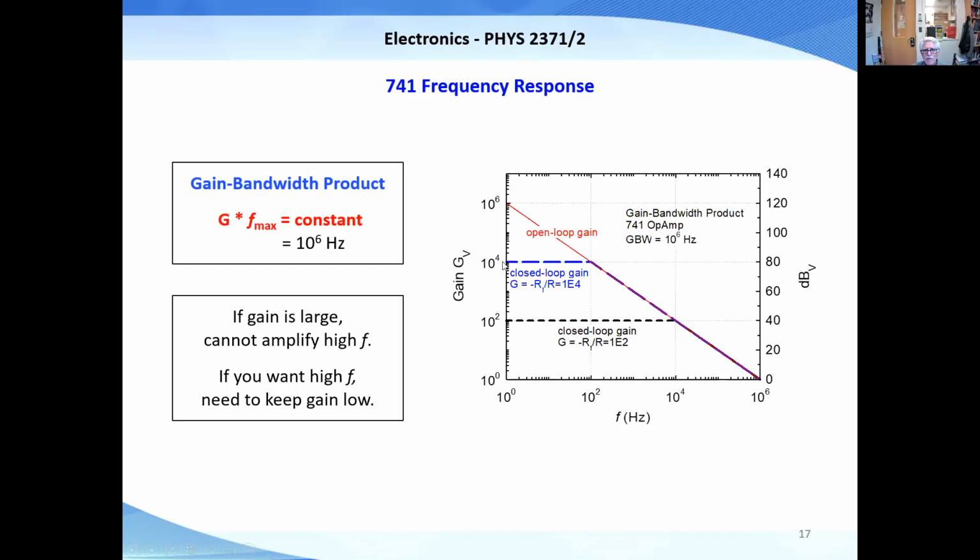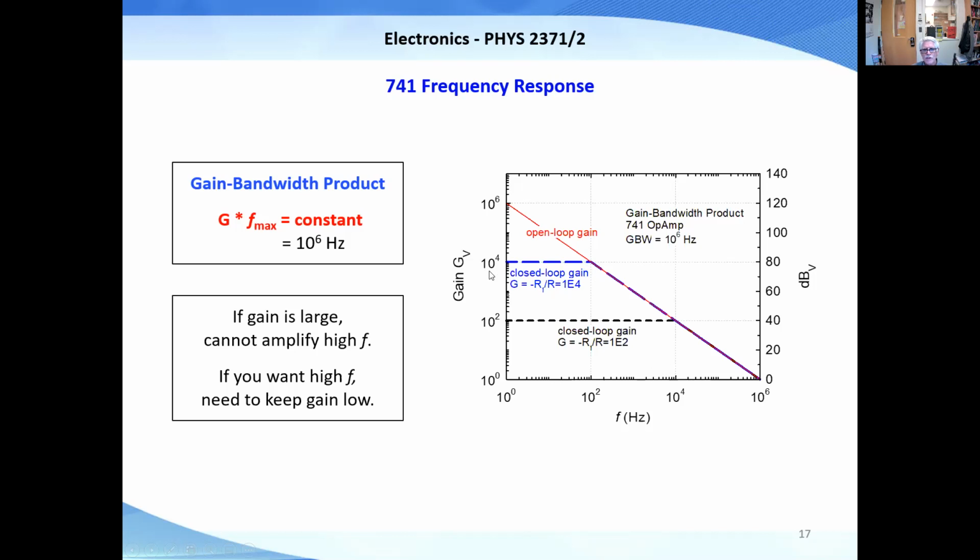If you needed to amplify it 10 to the fourth, a gain of 10,000, then you wouldn't be able to amplify anything higher frequency than 100 hertz. So 100 to 10,000 is roughly your audio frequency here.